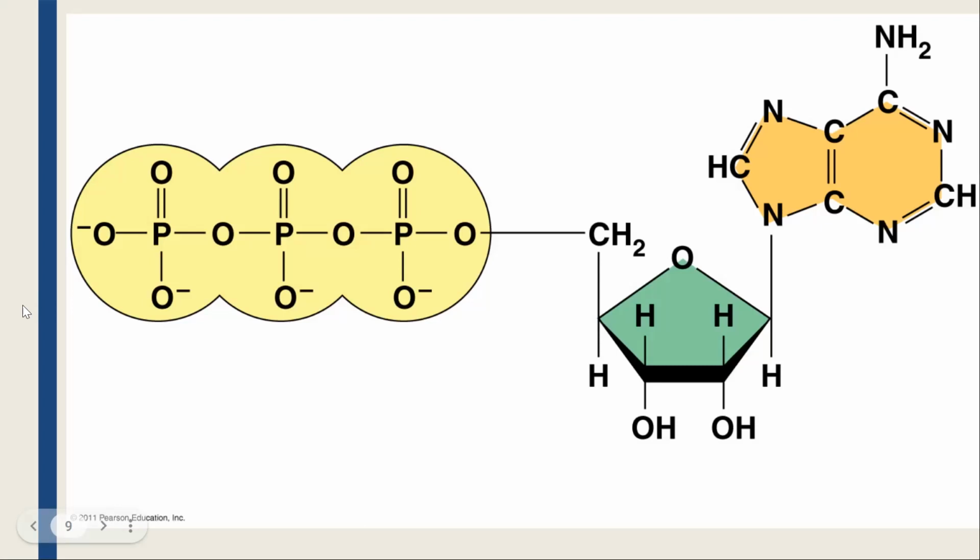ATP stands for adenosine triphosphate, and that is the energy source that cells use at a cellular level to do the work that needs to be done. And when we talked about metabolism, we talked about how we can couple the breakdown or hydrolysis of the ATP with the reactions that need to occur in the cell.